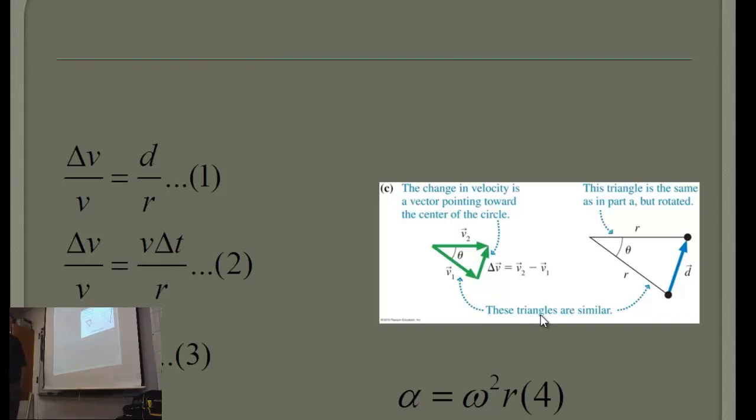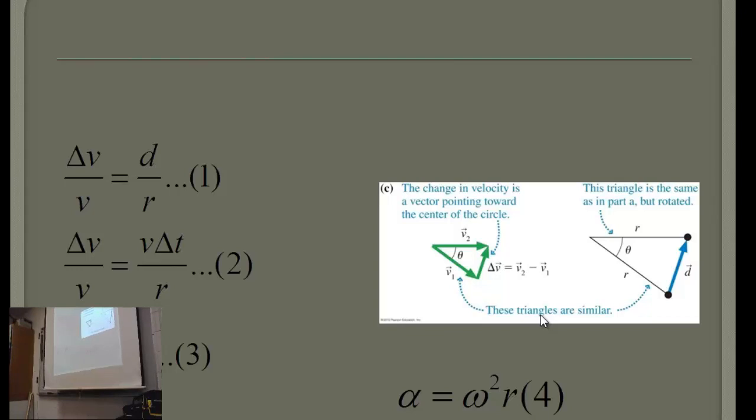Since I've got two V's here, I want to do some cross multiplication. So I've got delta V times R equals V squared delta T. If I divide the R and the T's over, all of a sudden I get delta V over delta T equals V squared over R. Wait a minute, delta V over delta T. That sounds an awful lot like acceleration.